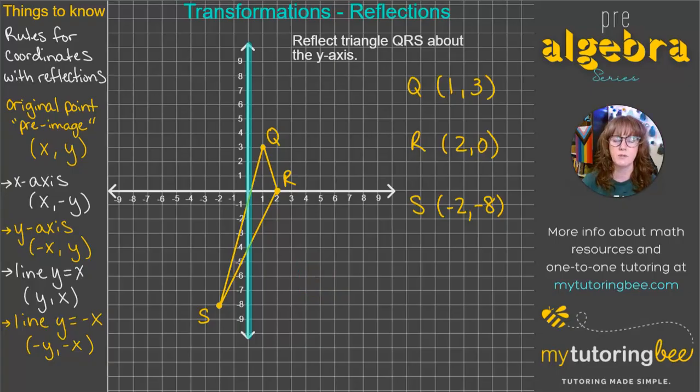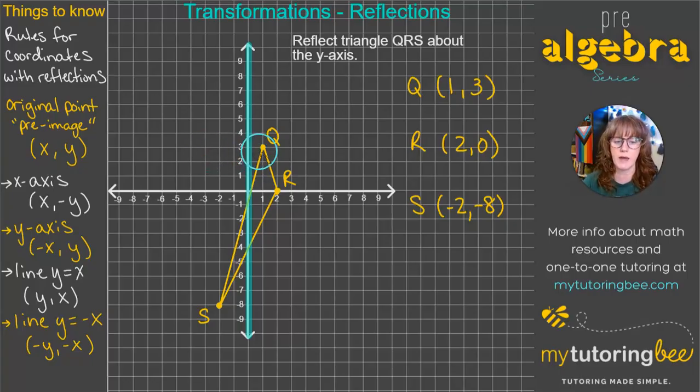Now, when I'm working with students, I am a private online tutor, so I work with students one-on-one all the time. Whenever we come across this skill, students will sometimes use the counting method in order to do these reflections. When you're reflecting over the x or the y-axis, that's a pretty okay method.